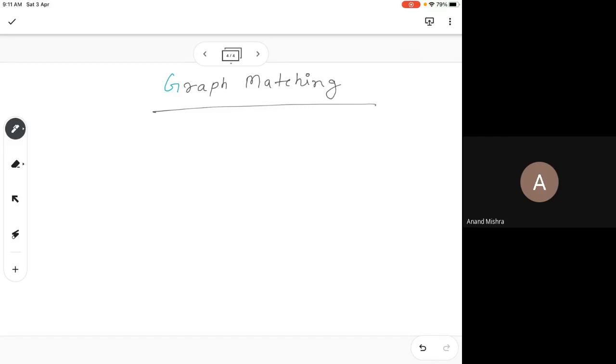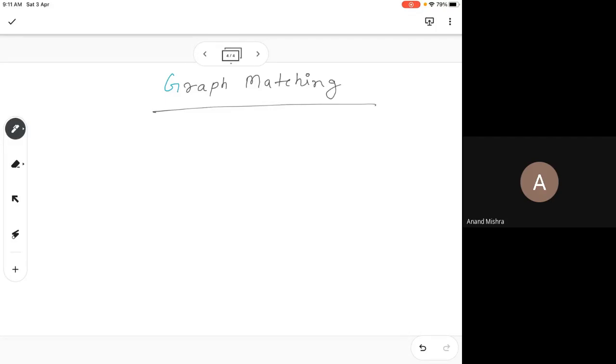If you have a course project and want to form a two-member group, then there can be matching. Matching can also happen when you have a set of jobs and a set of people to do those jobs. So matching has a lot of applications in the real world, and therefore graph matching is an important topic to know, right?